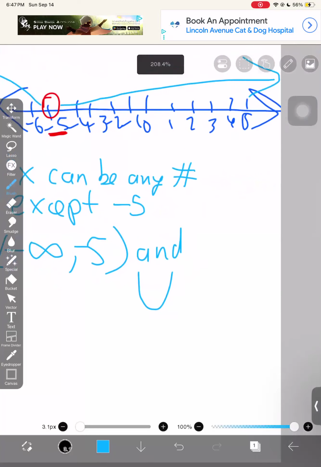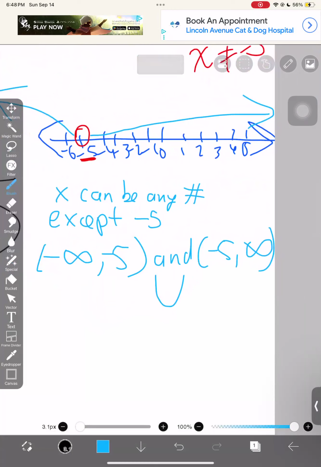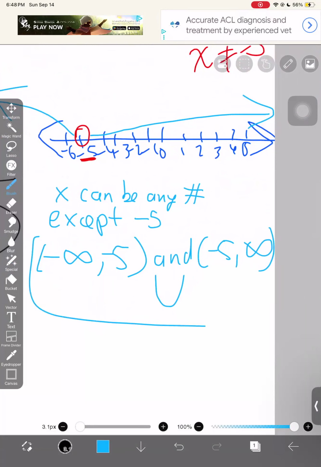The U means union, -5 to infinity. So the only number it cannot be is -5, and this would be our domain.